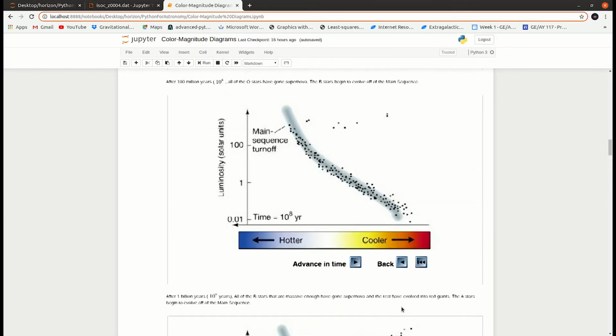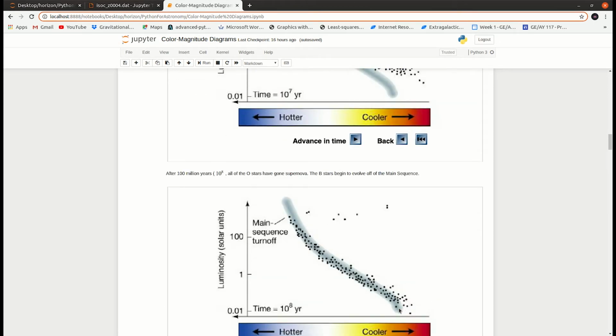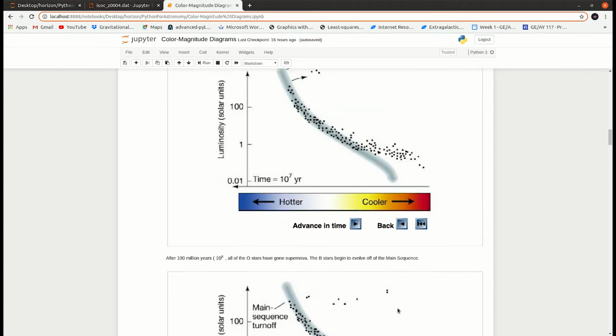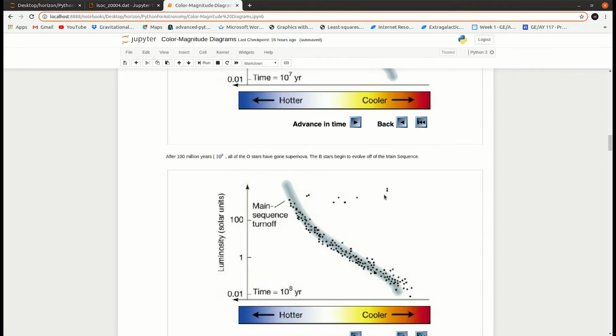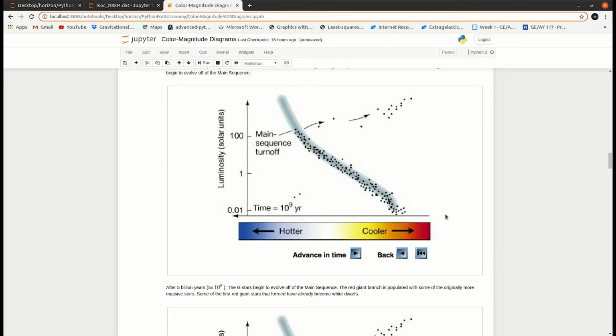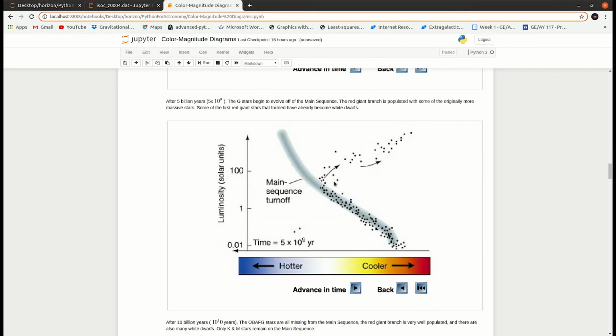Whereas if you take younger clusters, most of which are open clusters, you can see they form this kind of HR diagram, which doesn't have much population in the red giant and supernova branch. So that's your point of main sequence turn off, and more red giants populate your HR diagram.